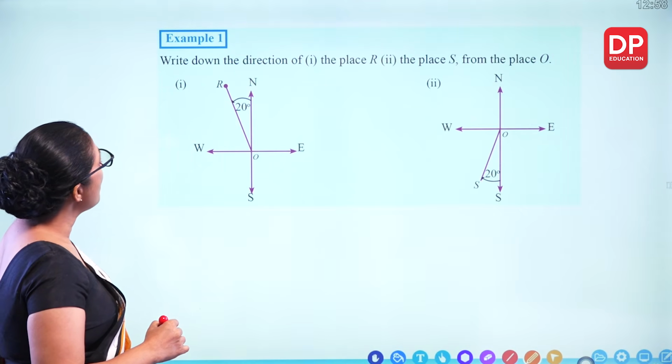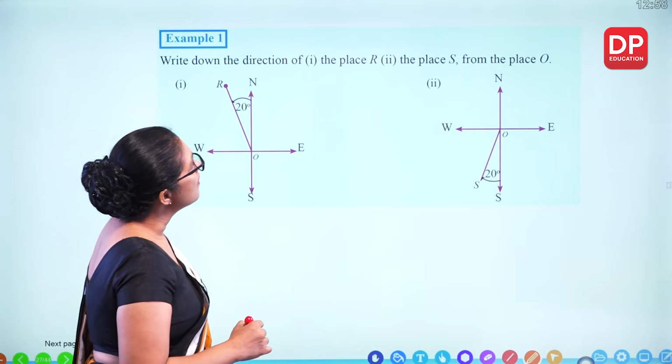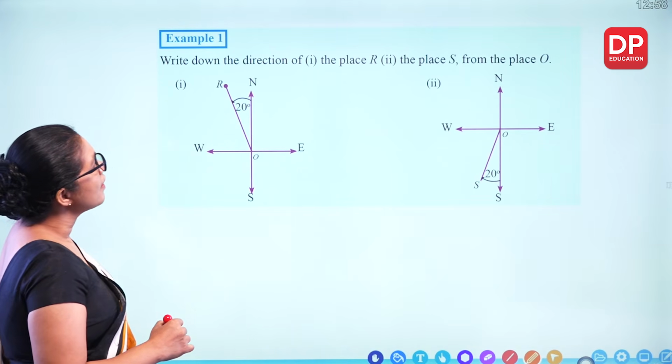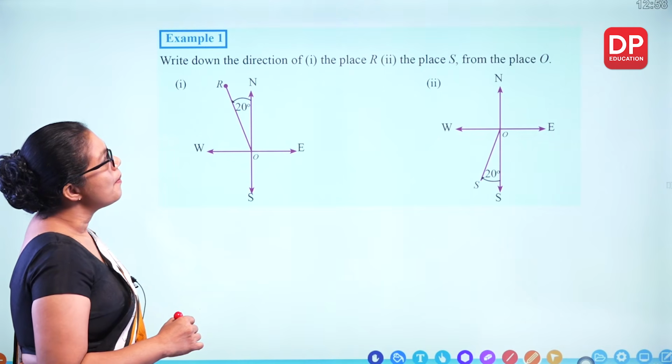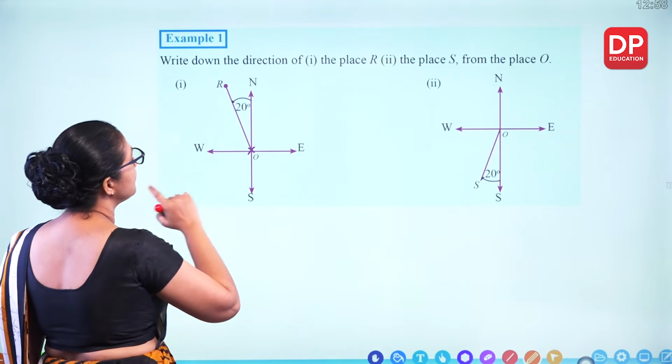Example number 1. Write down the direction of the place of R and the place of S from the place O. So you have to start from O. So how can I write?